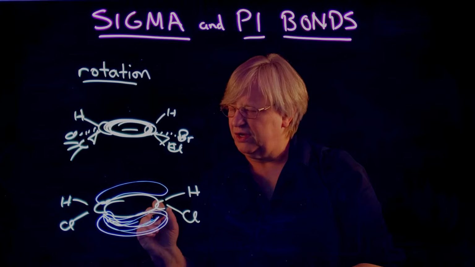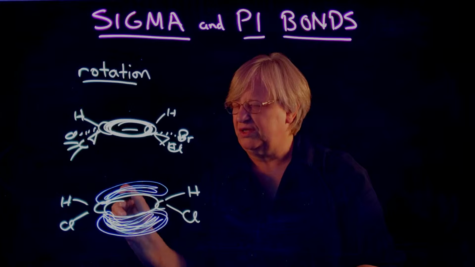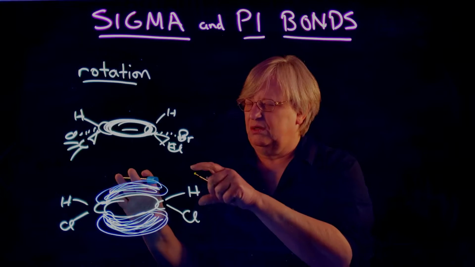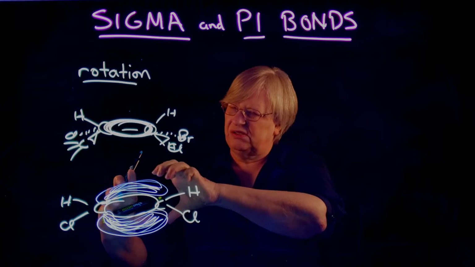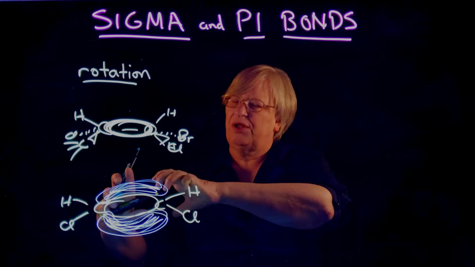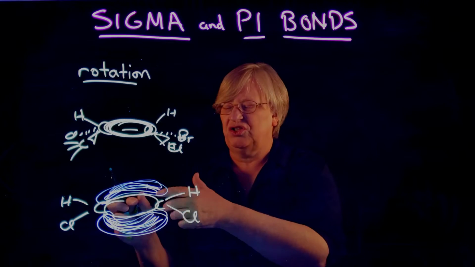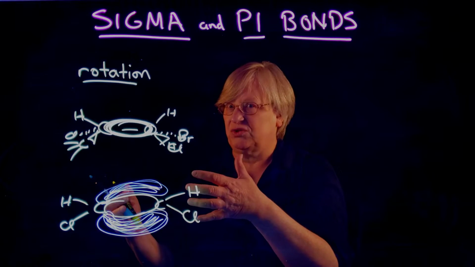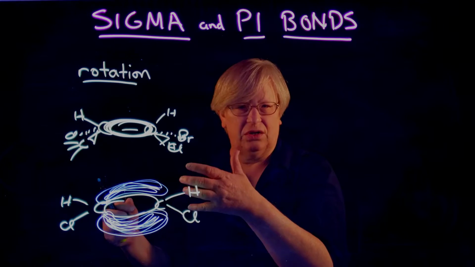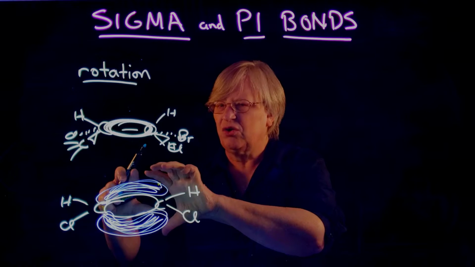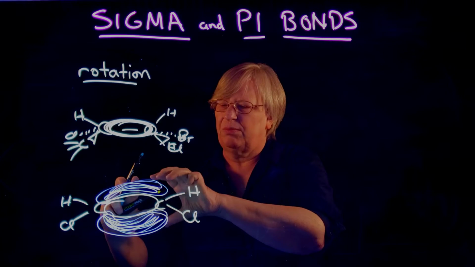This lobe is filled with electron density, as this one is, places where the electrons are. If you try to twist this, it would break up the lobes, and this is a very strong bond. Covalent bonds are very strong, and it's just as strongly attached as any other covalent bond, almost. So it's not going to break, and so you cannot rotate around a double bond.